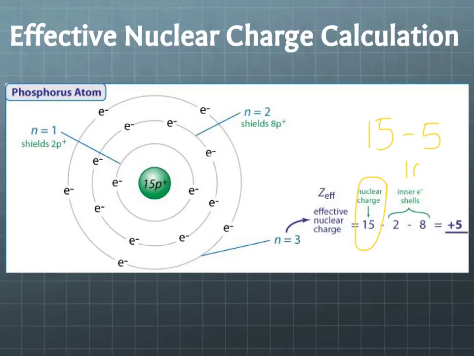So that tells us that we have 10 internal electrons. So we take the protons, subtract the 10 internal electrons, and that gives us the overall effective nuclear charge. So for this one, the Z-eff is positive 5.